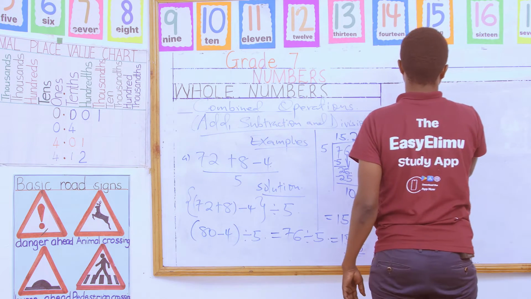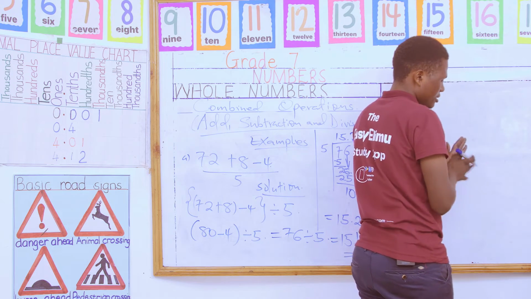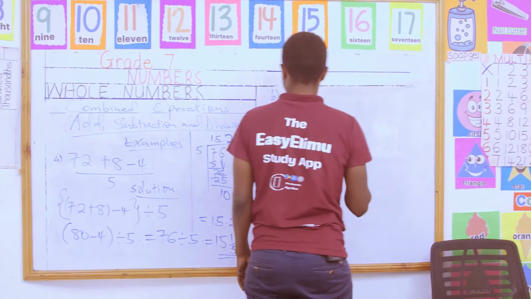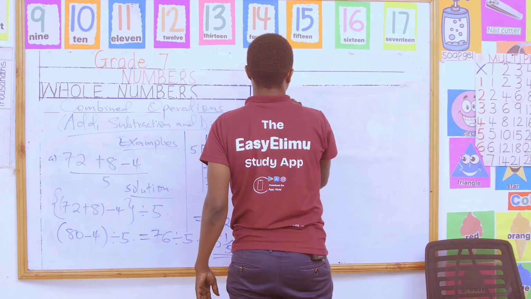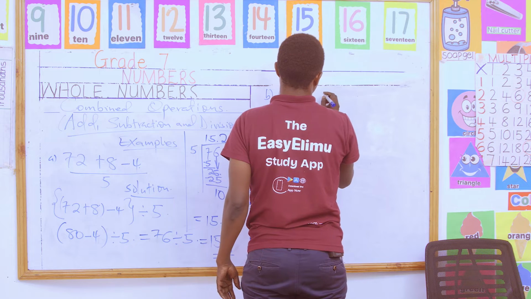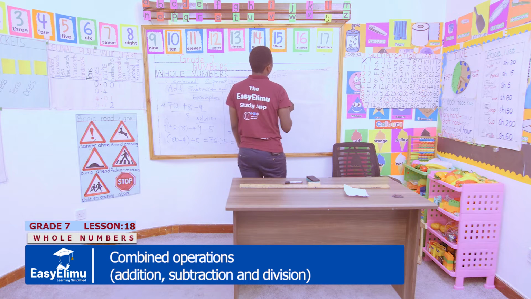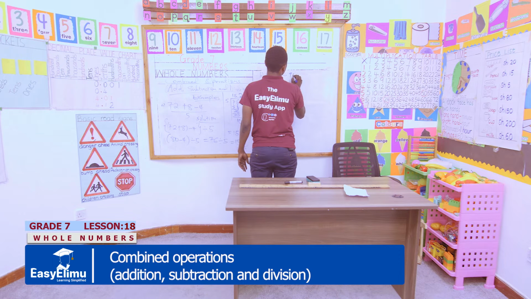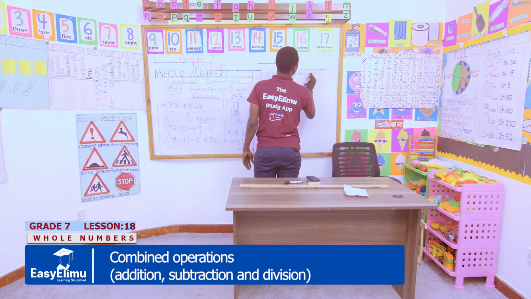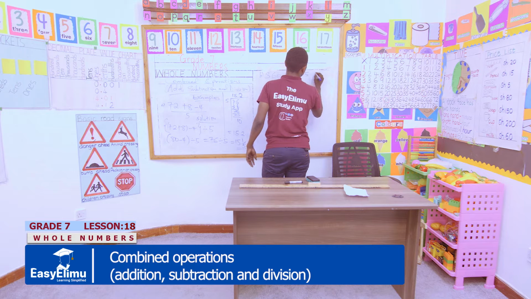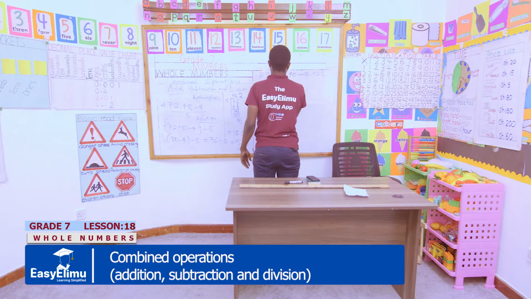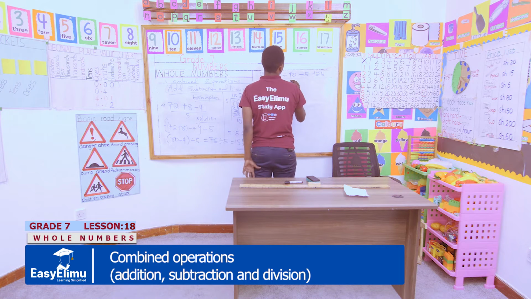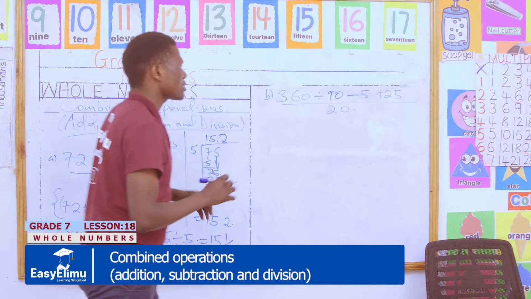Another example, call it example B. Example B, you can have a question like 360 divided by 90, then you add 100, then after this you subtract 5 plus 25, everything over 20.